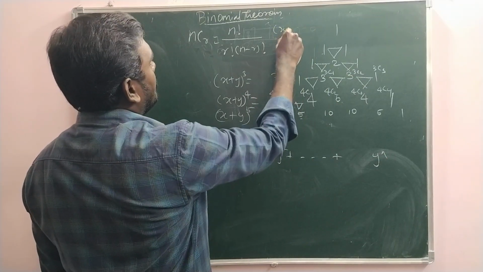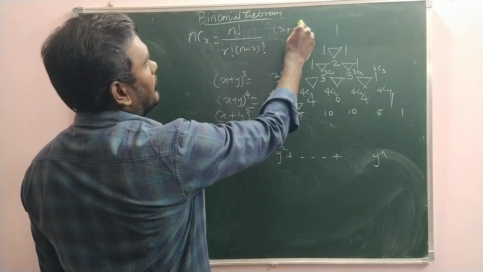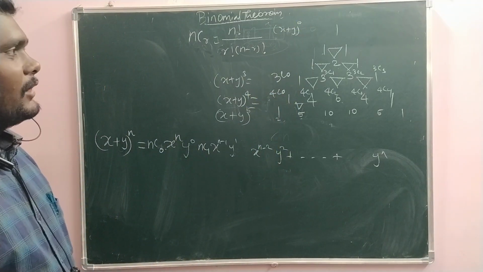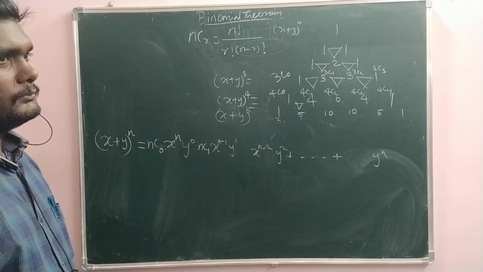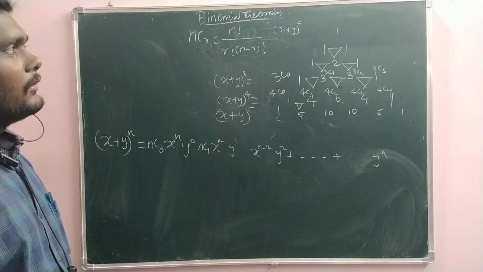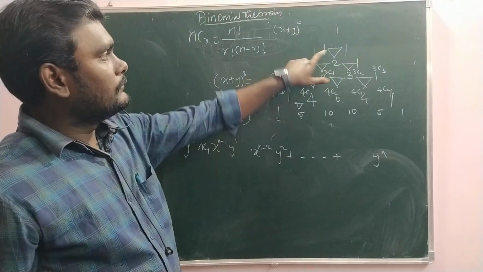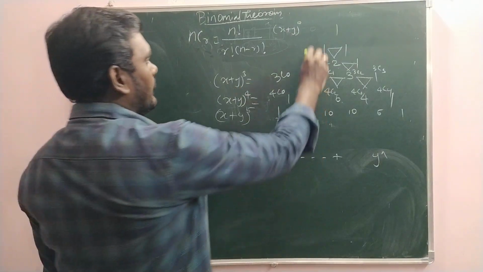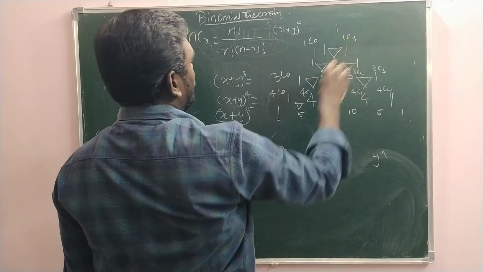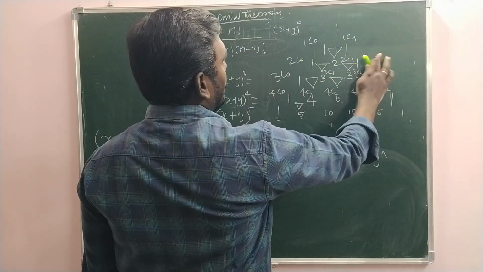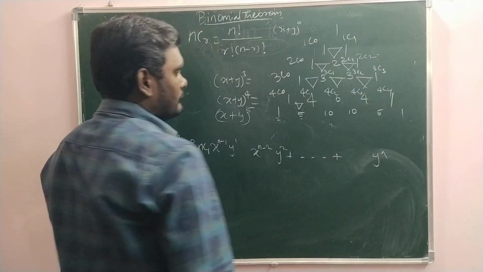This one is what? (x plus y) whole power 0 we got 0C0. And this is 1C0, 1C1. This is 2C0, 2C1, 2C2.